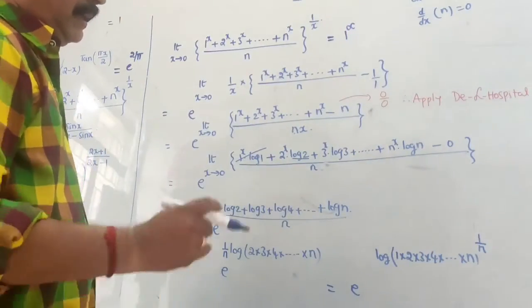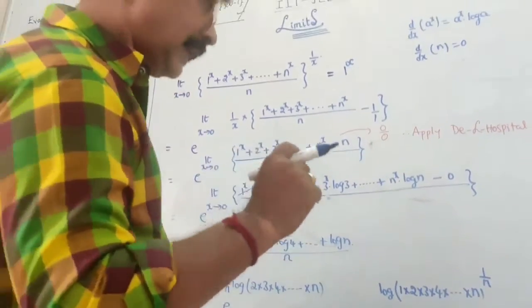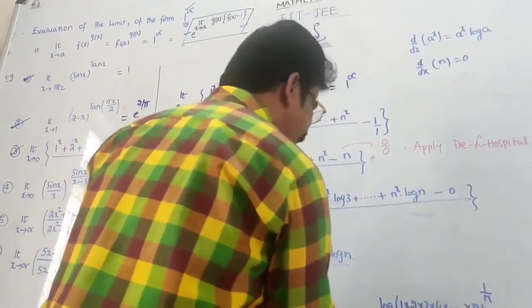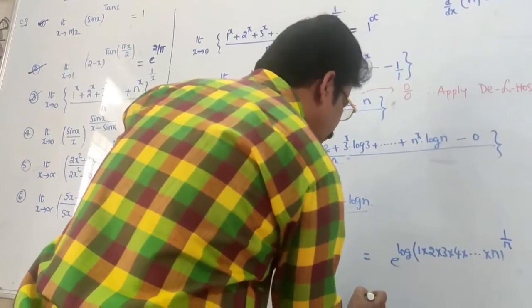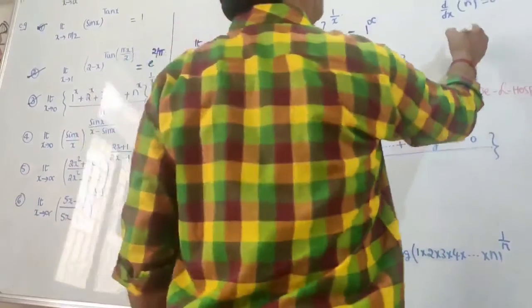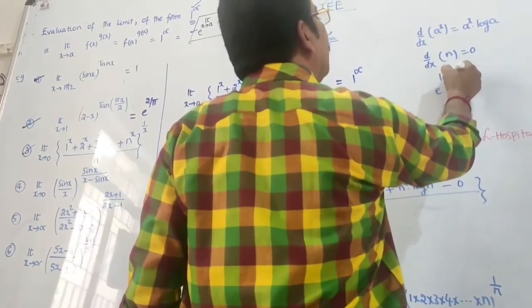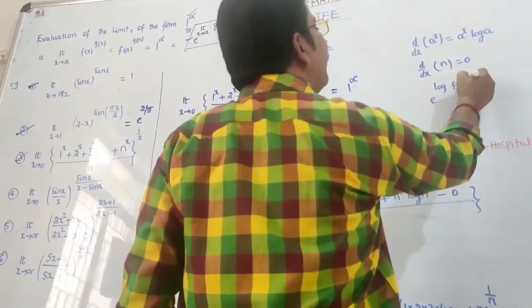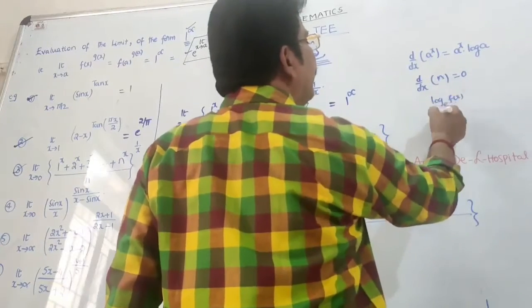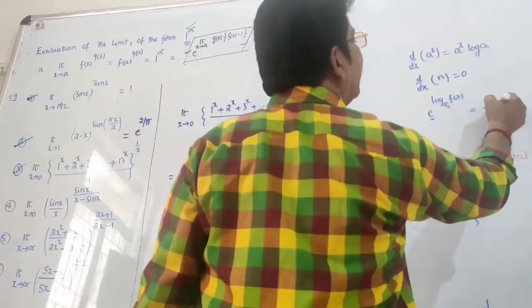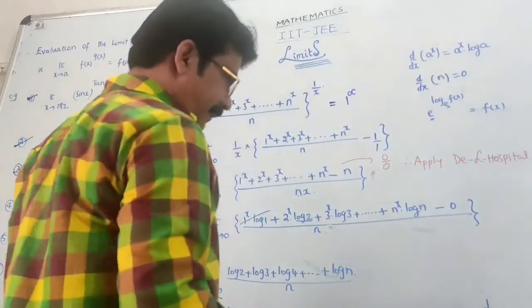Already I said the properties of logarithms. So it is e power, this is that is equal to e power. So that is equal to another standard formula: e power log f of x, any function, to the base e. The base is the same, the main base is the same. In such a case it is only simply f of x.